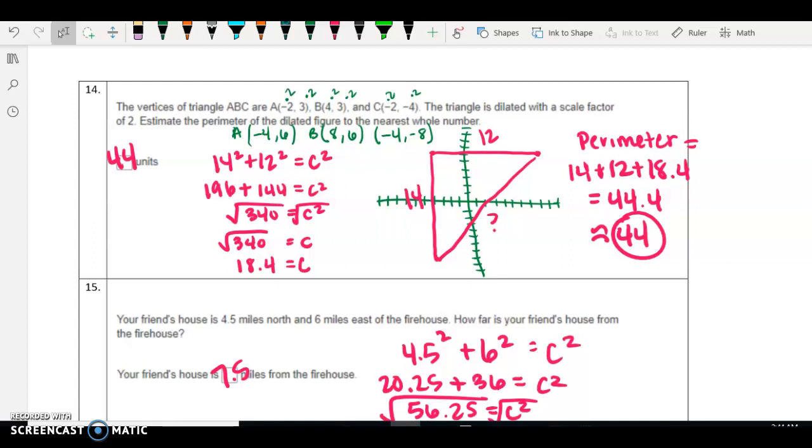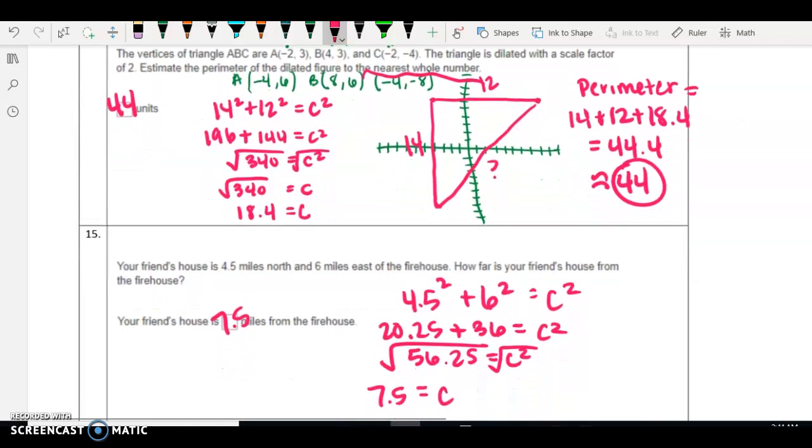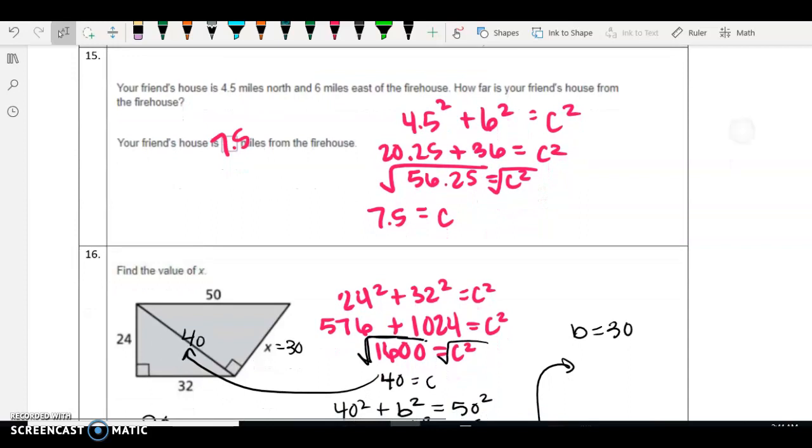That just means we add up all the sides, and we get 14 plus 12 plus 18.4. We get about 44.4, which when we round to the nearest whole number like it asks us to, that's about 44 units. Remember, you can pause this at any time to take your notes or fix your problem.